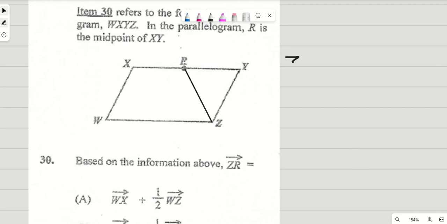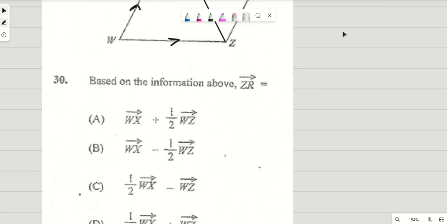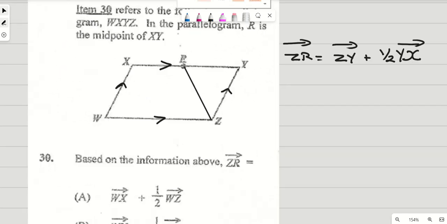So ZR is equal to ZY plus a half of YR. This would be a half of, but instead of XY, we're going in the opposite direction. So this would be a half of YX, right? So this is it so far.